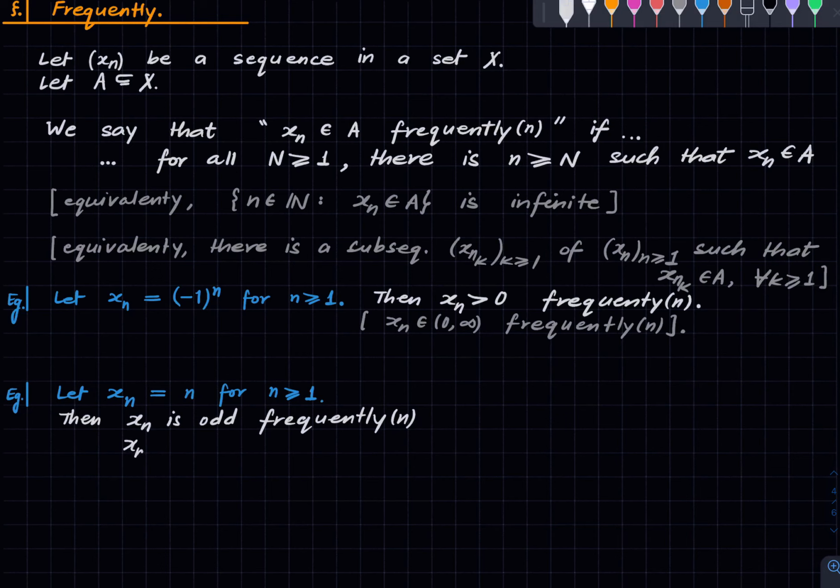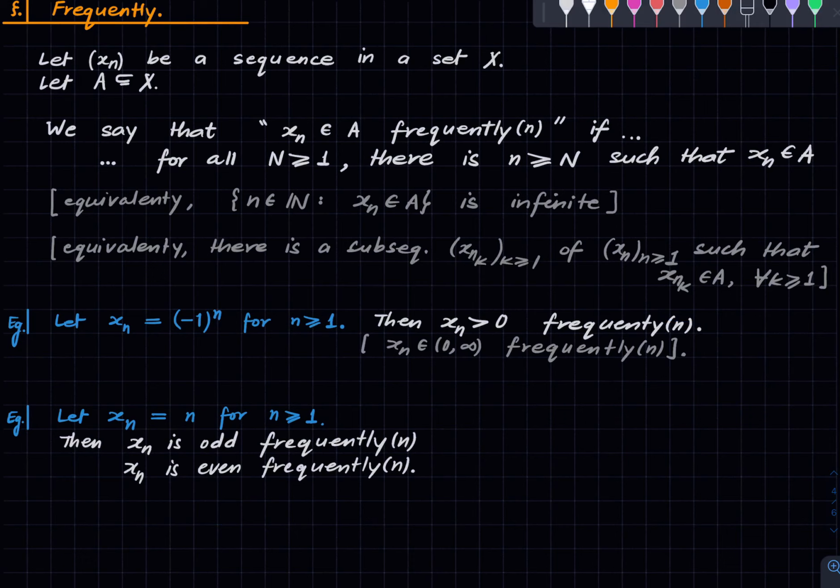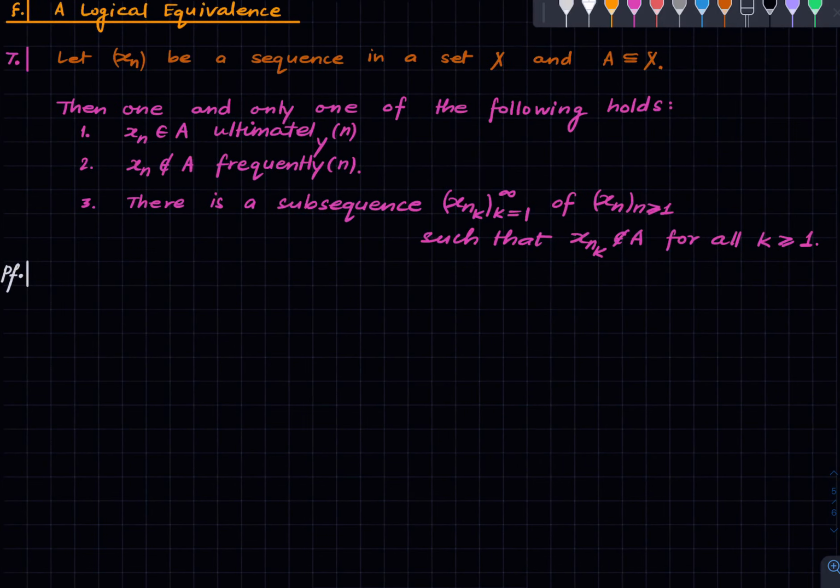And xn is also even frequently. So both concepts of ultimately and frequently are very, very easy. And with that, let us establish a final equivalence, which is just an exercise in basic logic.